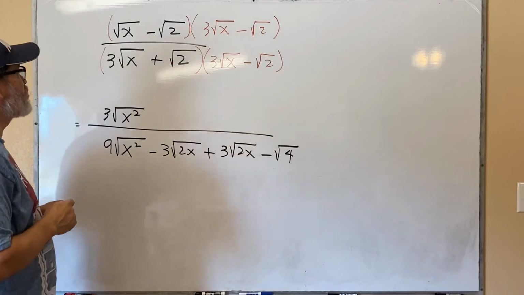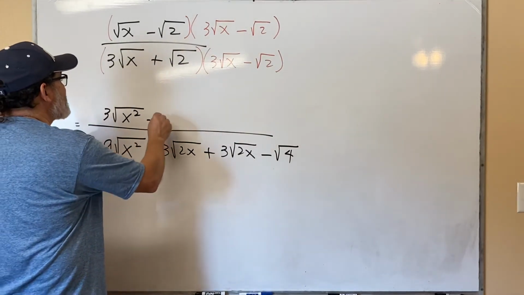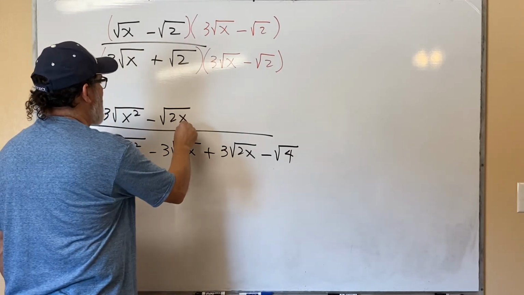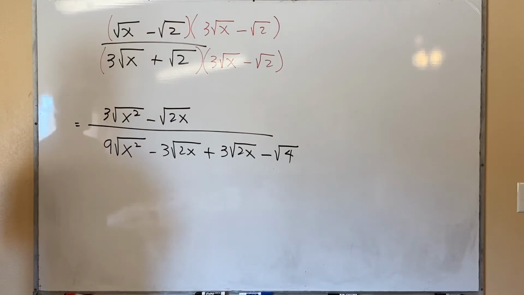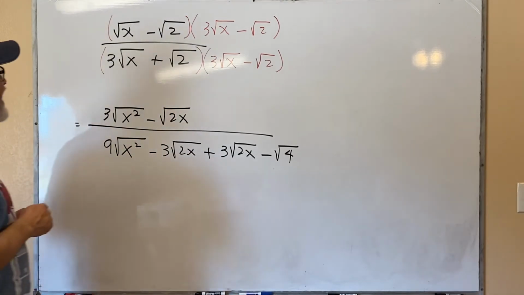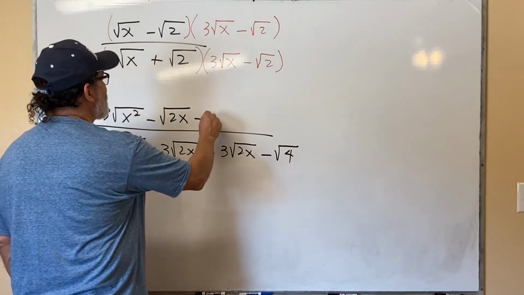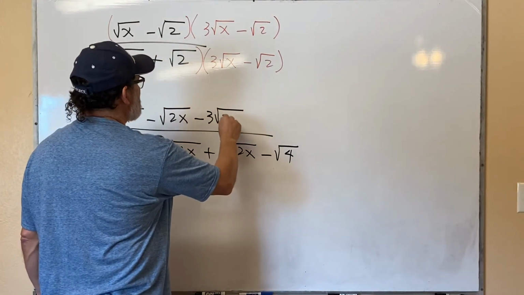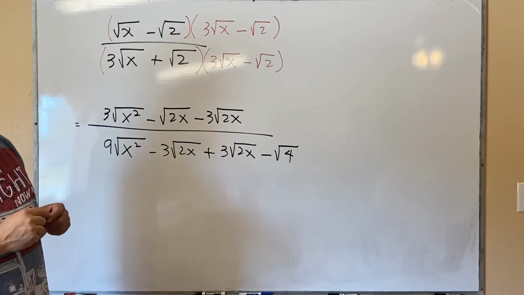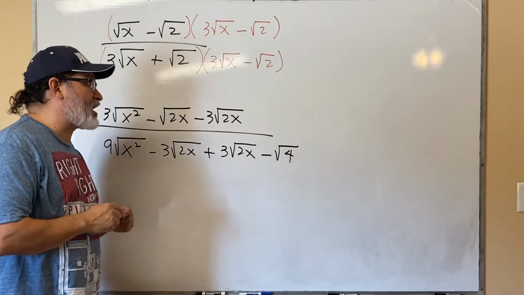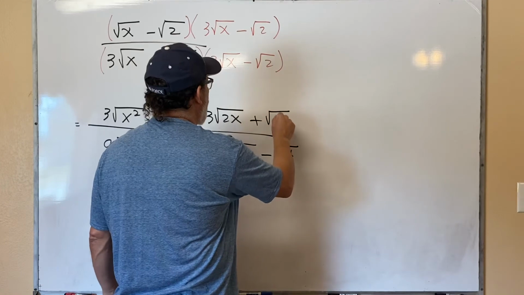Outer, the square root of x times negative square root of 2 is going to be negative square root of 2x. Inner, negative square root of 2 times 3 the square root of x is going to be negative 3 the square root of 2x. And last, negative square root of 2 times negative square root of 2 is going to be plus the square root of 4.